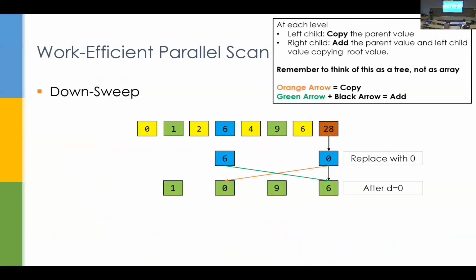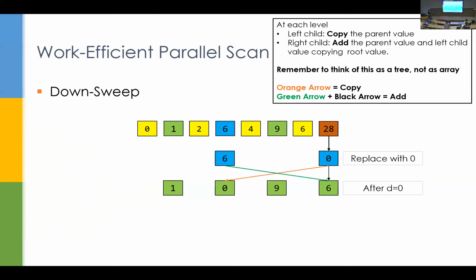In the next step, which I've highlighted in this box here for you to remember, at each level, left child copy the parent value. Easy enough. Right child add the parent value and the left child value. Okay. So 28 got set to 0 in time 0.